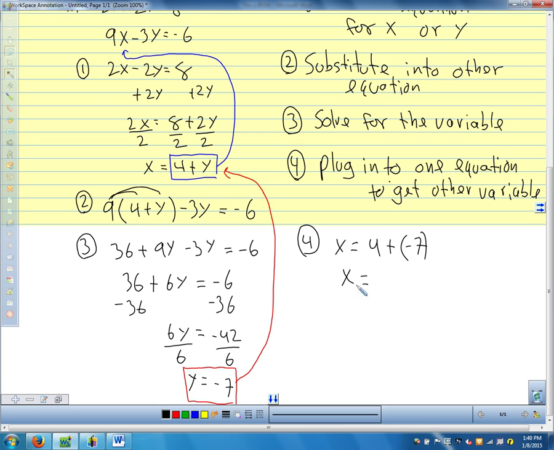So x equals negative 3. And my answer is a point, negative 3, negative 7. So if we graph those two lines, they would cross at the point negative 3, negative 7. So I get an x and a y.